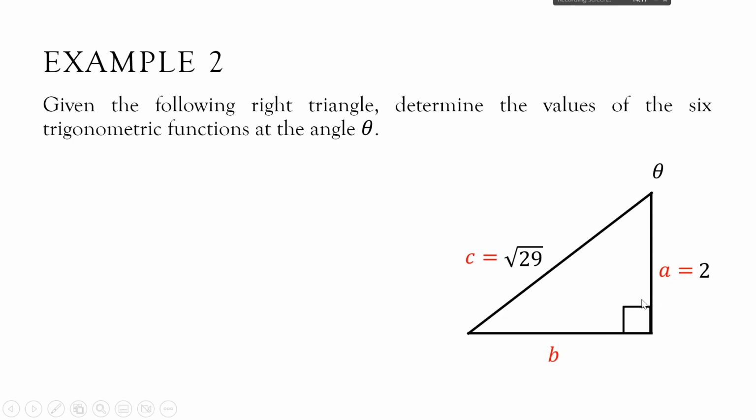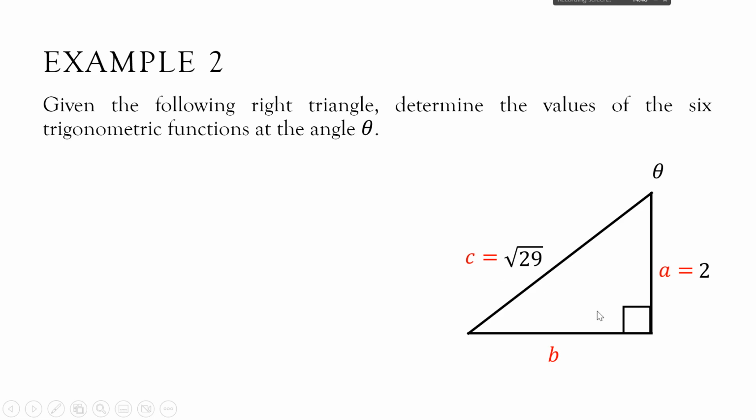For A and B, it didn't really matter which one was which. I could have said B is equal to 2 and I'm trying to find A. The order for that doesn't really matter. The most important part is that C is always my hypotenuse. If you accidentally say A is equal to square root of 29 or B is equal to square root of 29, you're going to start getting some really weird answers that might not make sense.